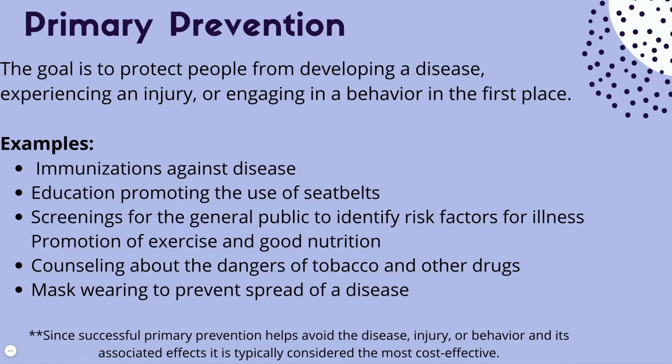Just a little note here, because in primary prevention, we're hoping to stop or avoid the behavior or the illness from even occurring, it's considered the most cost effective, right? This is why social work agencies do prevention programs, because when you can target people on this larger scale, you're not going to have to pay for some of these things down the line.